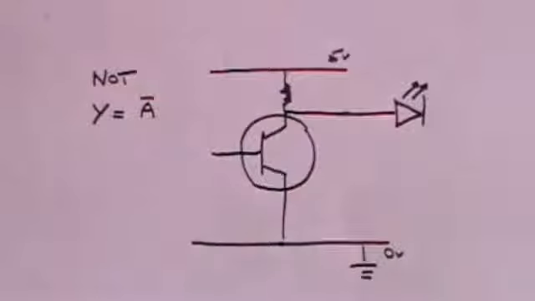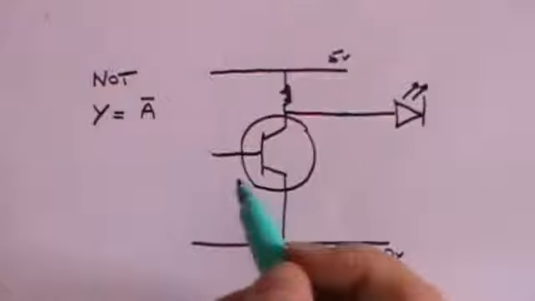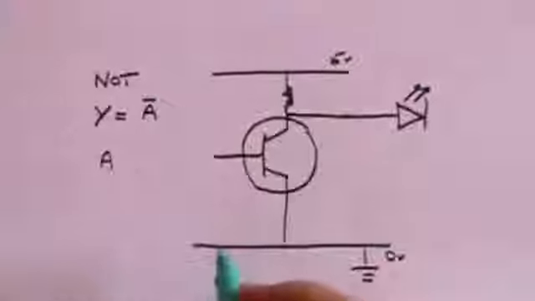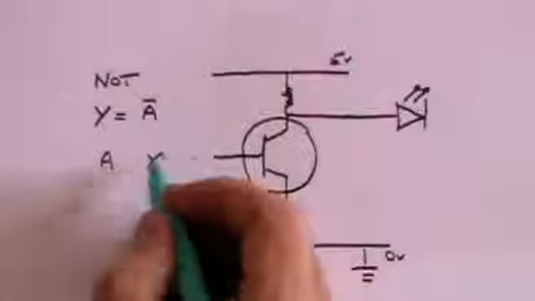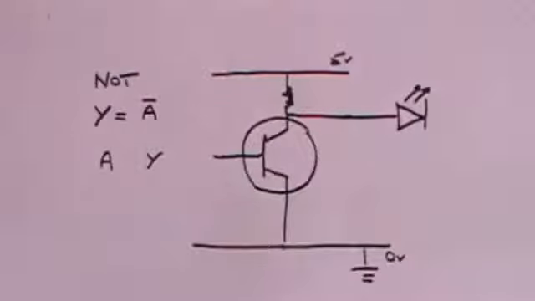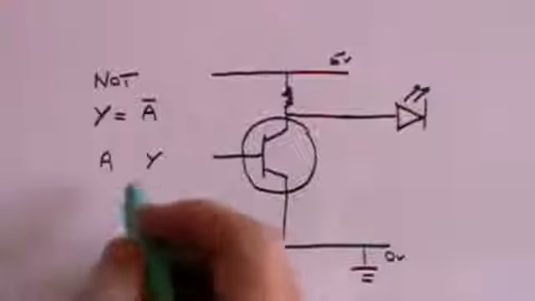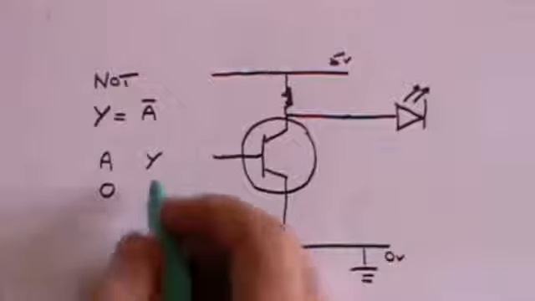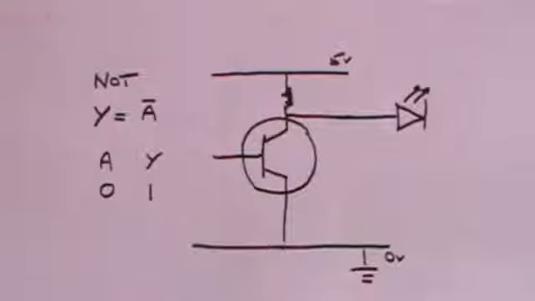So this is simply an inverter, and what you can do is to draw what's sometimes called a truth table. If you look at the input, which we'll call A, and the output, which we'll call Y, if the input is 0 volts, then you will get a positive voltage out, which we denote by the number 1.